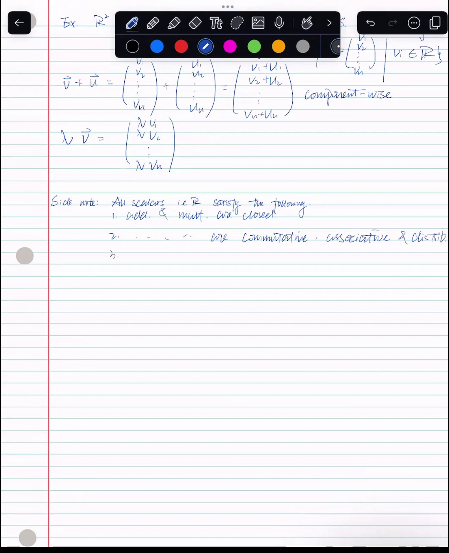Third one, zero is the additive identity. Isn't this just normal math? Yeah.